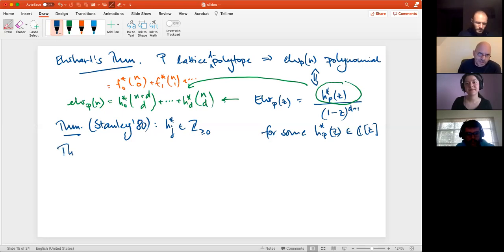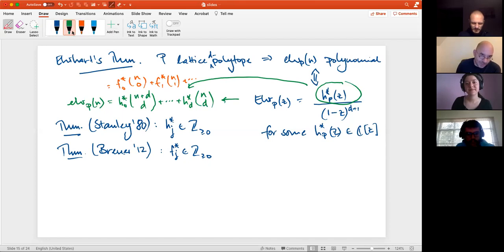There's a theorem that really shouldn't be called a theorem, but there's a theory that was developed by Felix Breuer much more recently in a paper in 2012, and I mentioned this in the research project that I posted yesterday. Among other things, this theory gives an interpretation for the f star coefficients, again, they're non-negative integers.